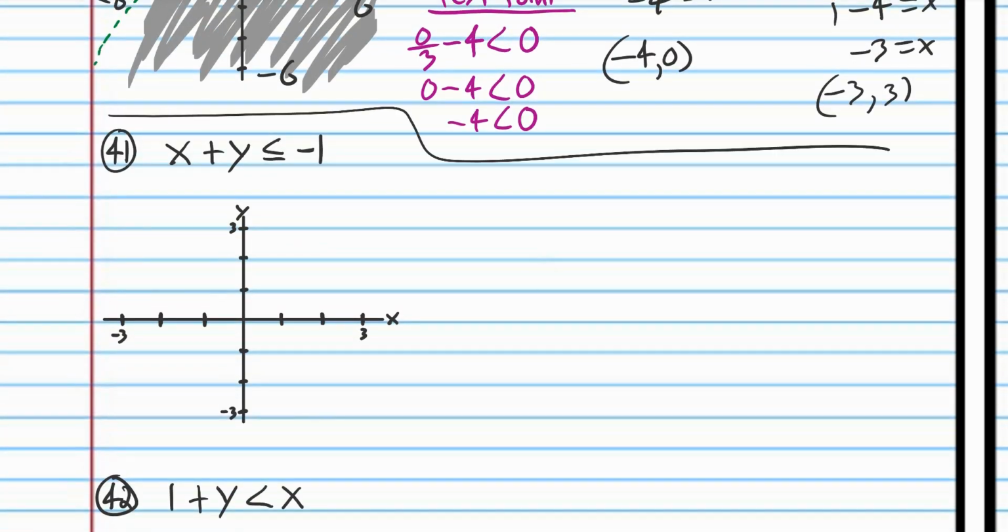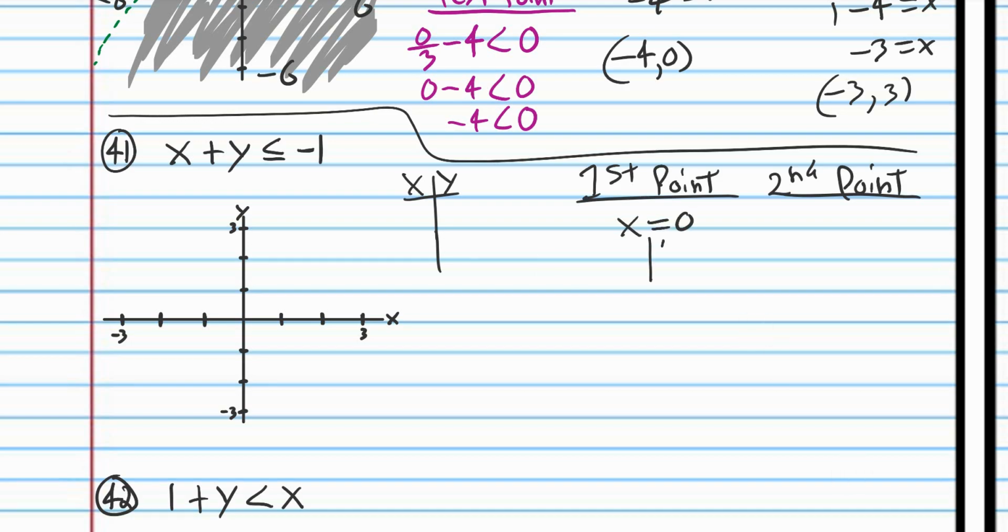All right, we're back. So I'm going to plug in 0 for x. And again, you can use whatever you want here. I'm just going to use equal signs. So y equals -1. So we have 0, -1. And now I'm going to plug in 0 for y, because zeros just work. Makes it easy to simplify.